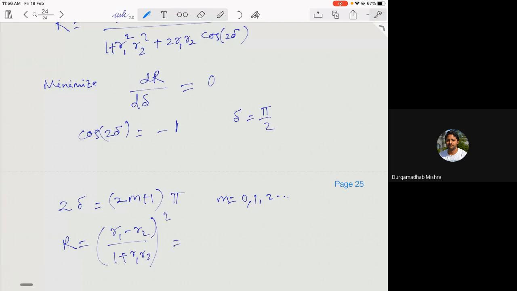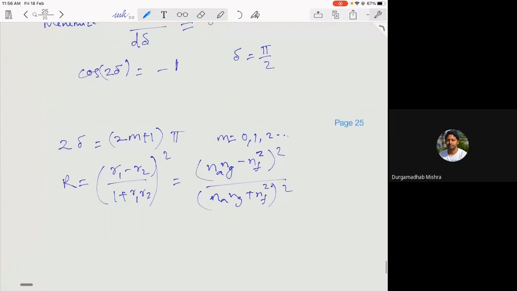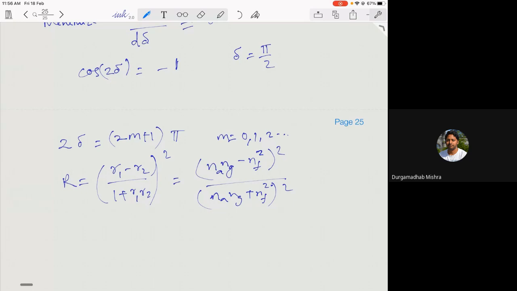Now we know what R1 and R2 are, and if you substitute that, you will get an expression: (NA NG minus NF square) whole square, divided by (NA NG plus NF square) whole square. R equal to 0 means this should be equal to 0.